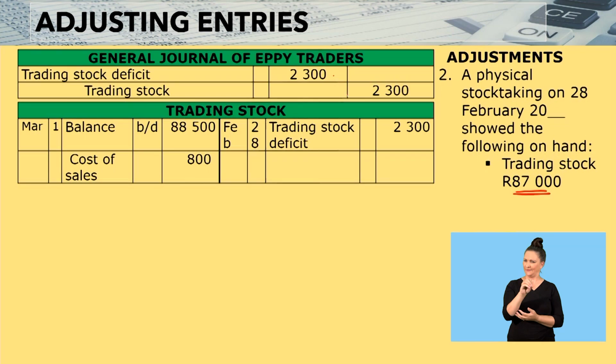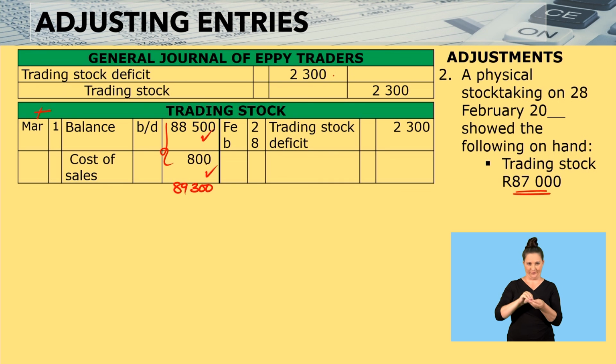Let me show you. Remember our trading stock account, which increases here. So we had 88,500, and we have the cost of sales. Remember, these were the goods that we returned, and we recorded it as 800. Now, if you add these two amounts, you get 89,300.